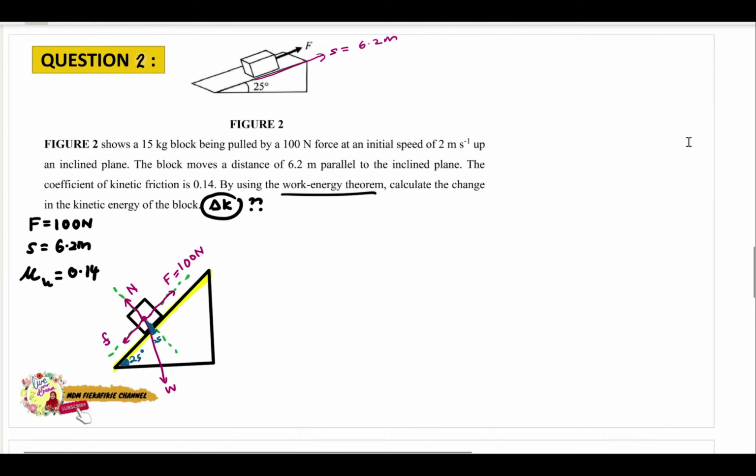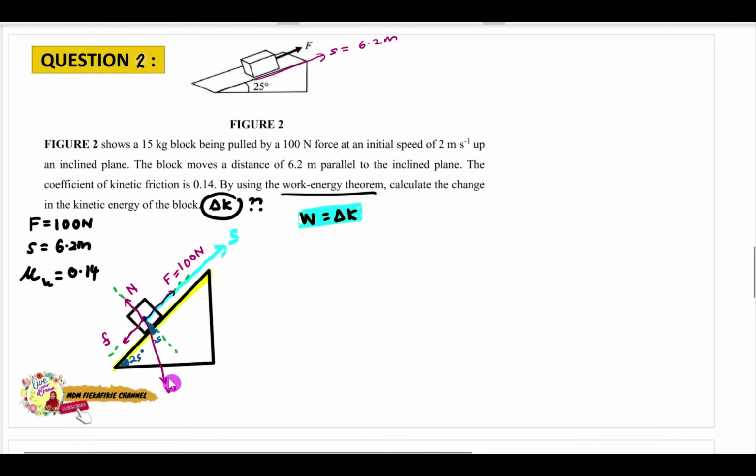Okay, so we want to calculate delta K, but we want to use the work energy theorem where W is equal to delta K. So untuk cari delta K, kita kena cari total W dia lah. Alright, so now look at this free body diagram. We have W, and the motion of the object is in this direction. So sekarang you tengok pada weight.